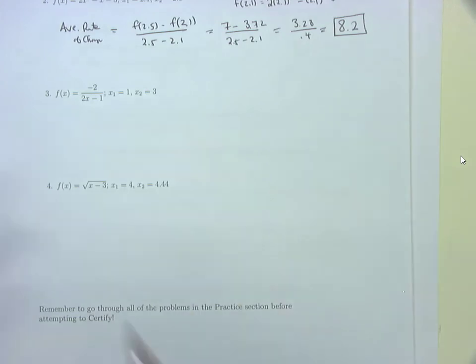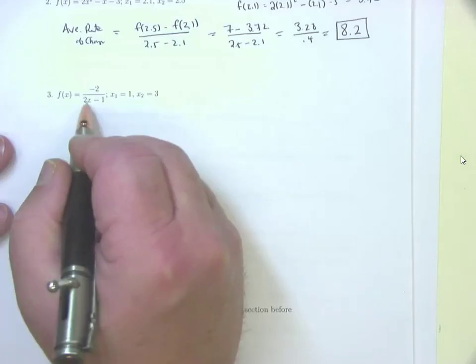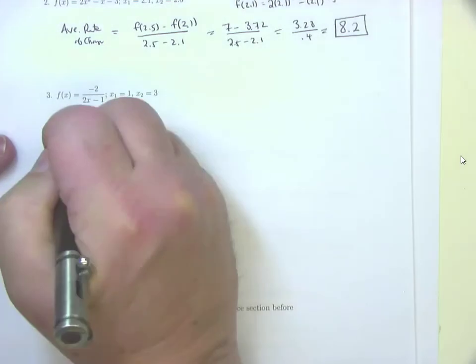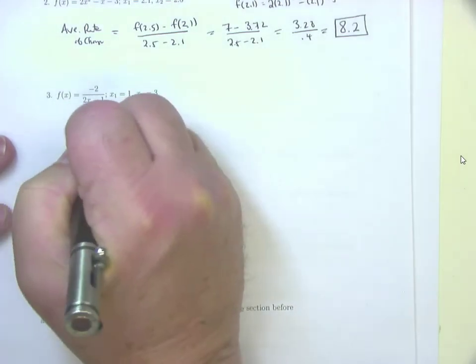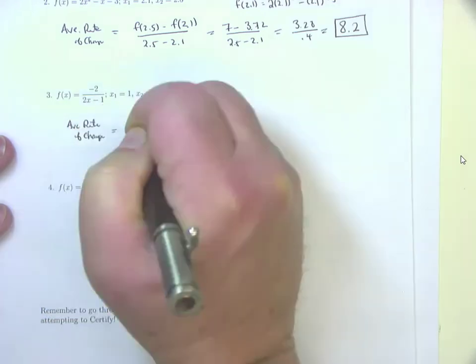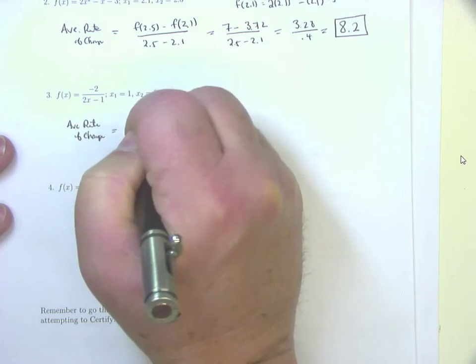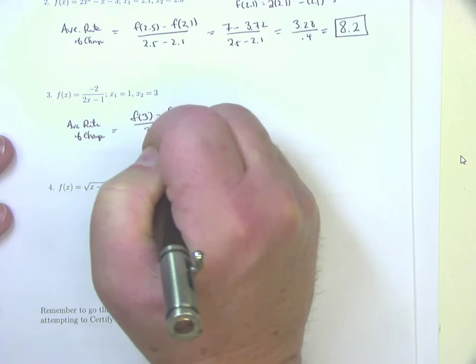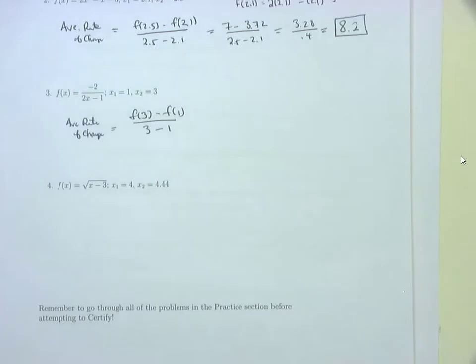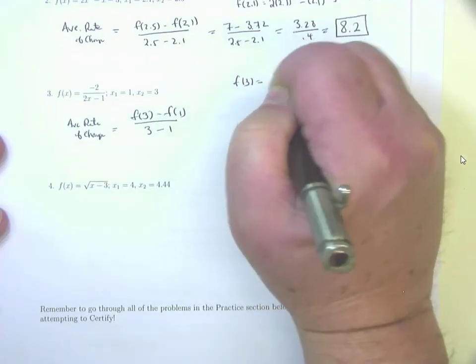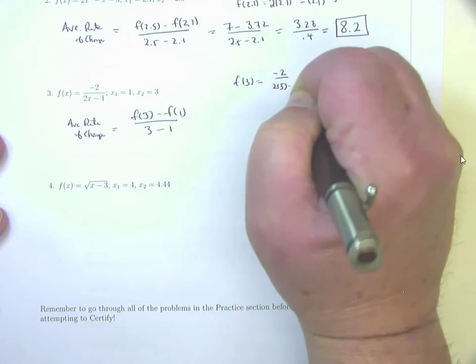Well, let's try this one here. f of x equals negative 2 divided by 2x minus 1. x1 is 1, x2 is 3. So, average rate of change is equal to f of x2, which is 3, minus f of x1, which is 1, over x2, which is 3, minus x1, which is 1. f of 3 minus f of 1 over 3 minus 1. Now, f of 3, that would be negative 2 over 2 times 3 minus 1.